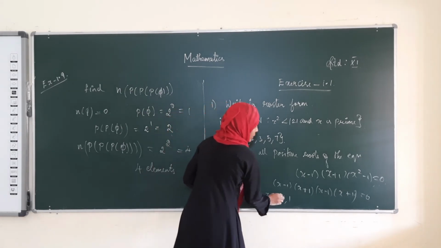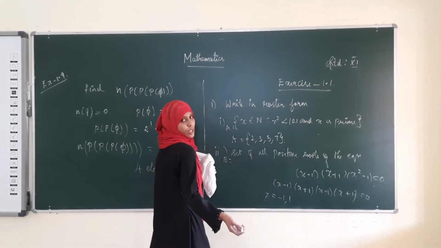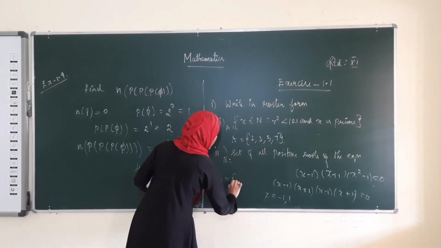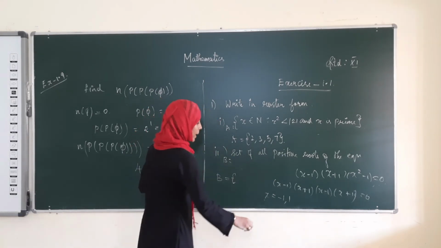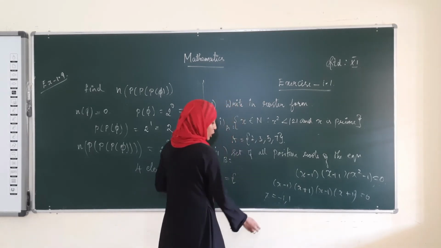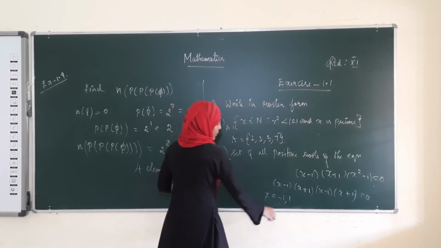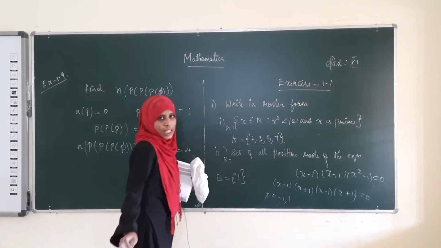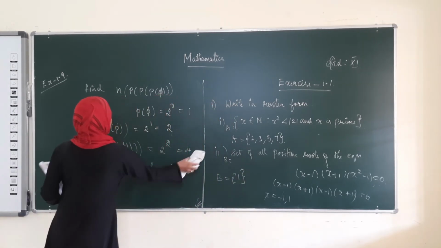This is the solution of the given equation, the roots of the equation. But what we need is to take the set B as only the positive roots. Here minus 1 is negative, therefore it will not be an element of B. Only positive roots, therefore 1 alone. B is equal to 1 alone.